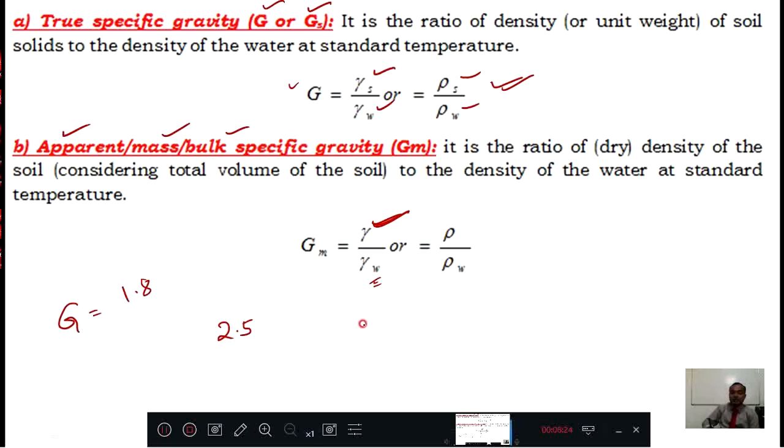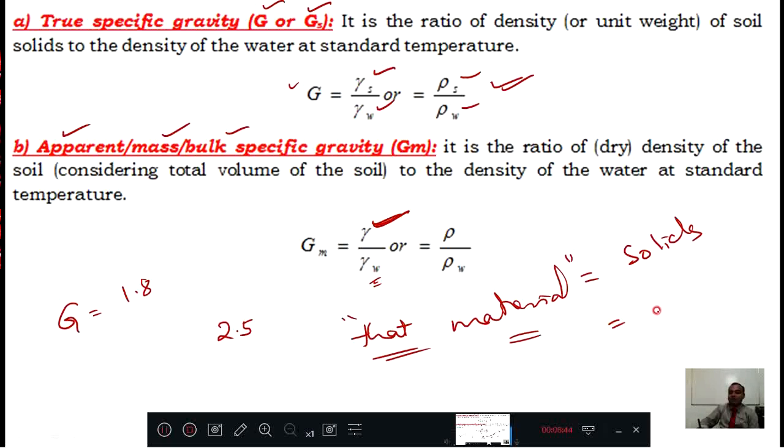But what is that material? Will it be taken as apparent, bulk or true? If that material means solids, then I have the definition for true specific gravity.